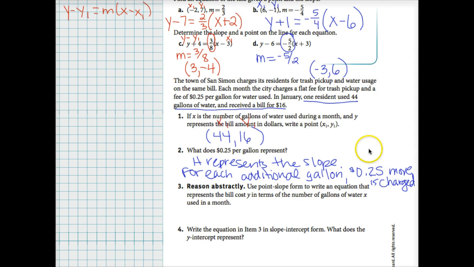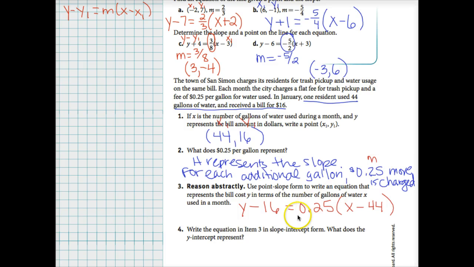I've got my M is the 25 cents. So Y minus Y1, which is 16, equals M, which is 0.25, times X minus X1, which was 44. And so there's my equation.